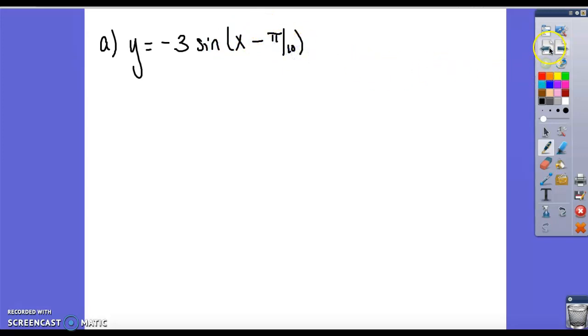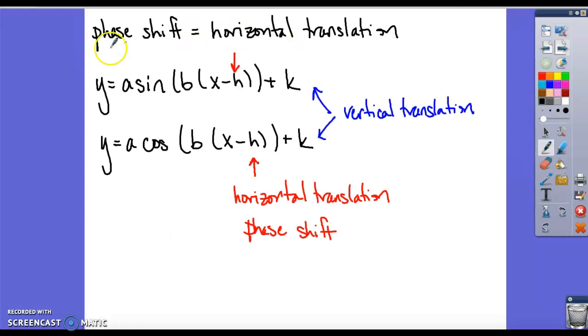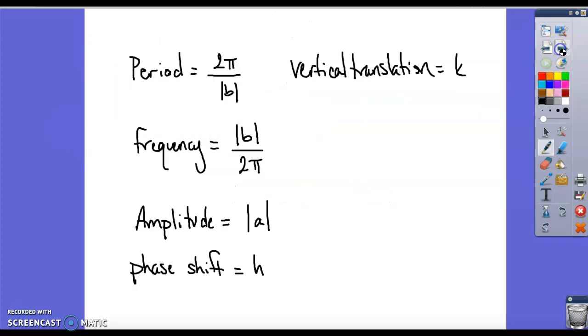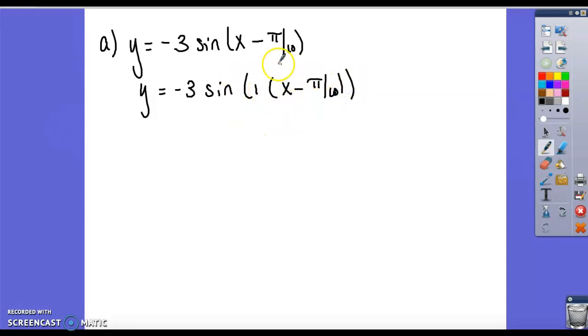When we are trying to figure out the phase shift and the vertical translation, we need to write the function like this. In order to do that, we are always going to factor out the number in front of x. In this case, the number in front of x is just 1, so that doesn't really change anything. I'm just factoring out that 1.